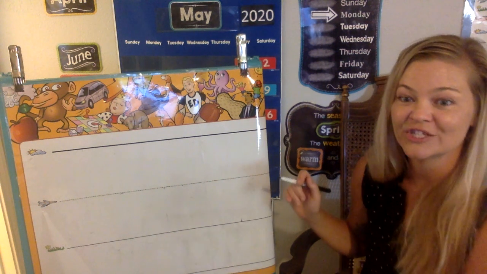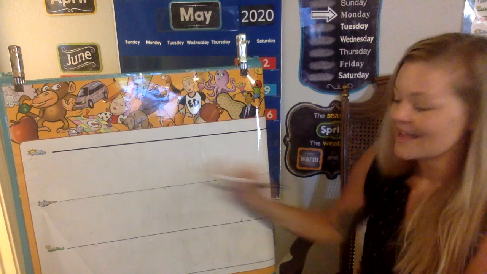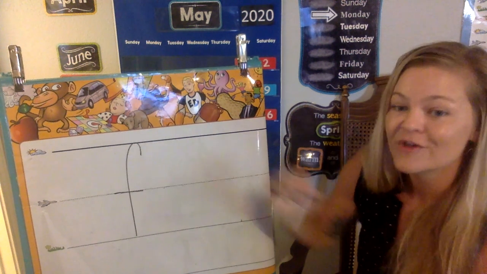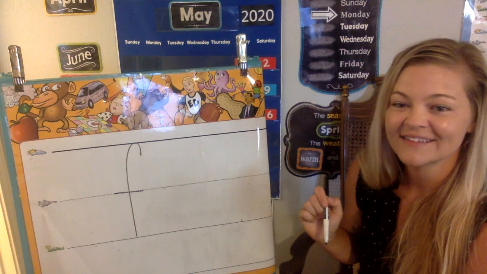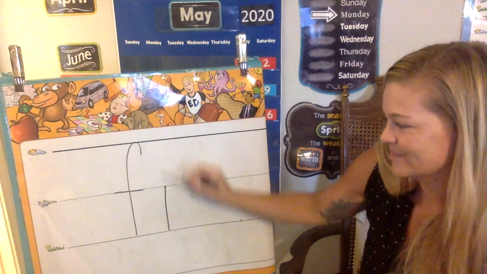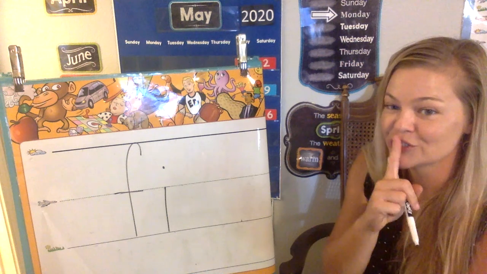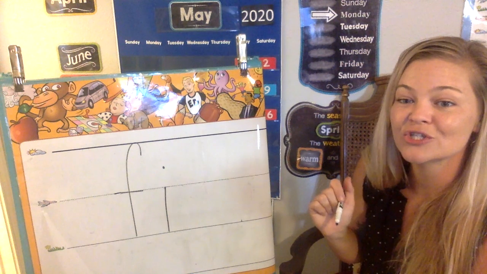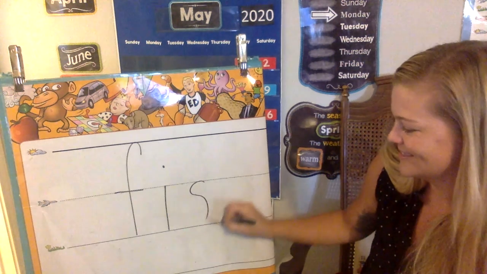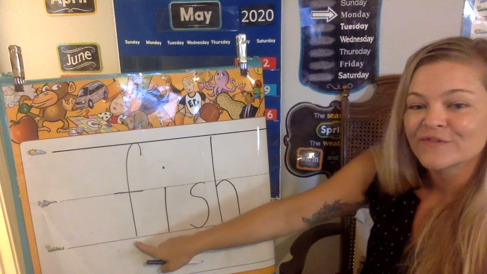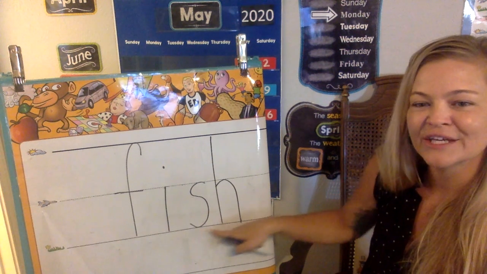Fish. So let's spell fish. That's an F. I. That's an I. Fish. Shh. What two letters make the sh sound? Fish. That's an S and an H. Fish.